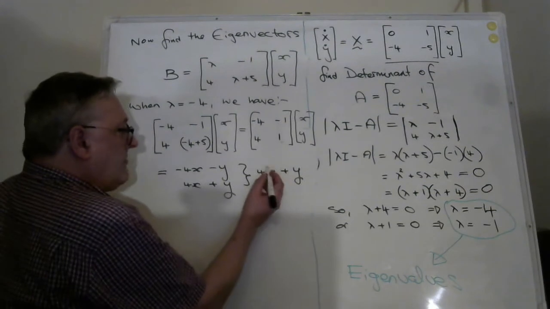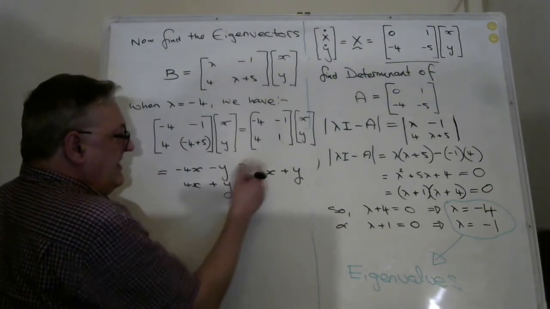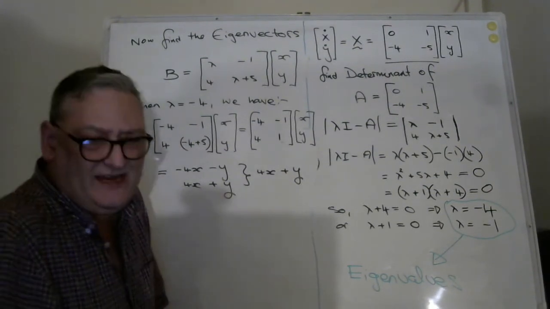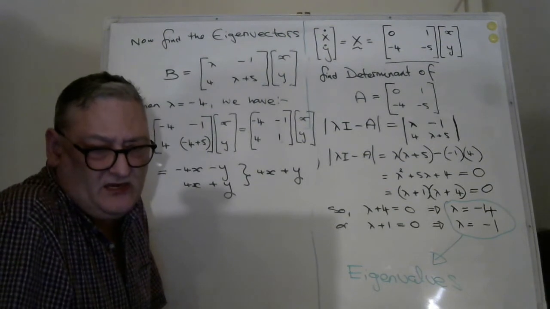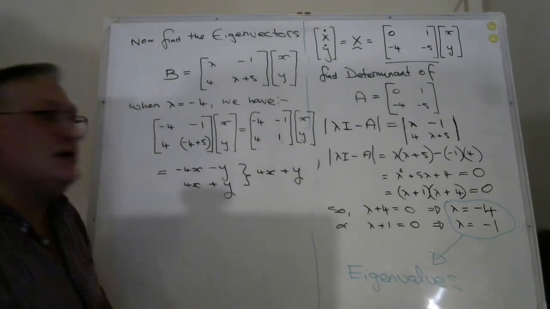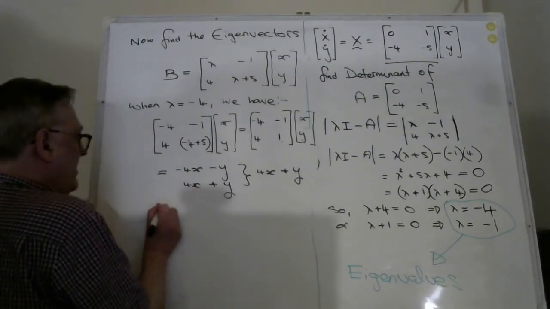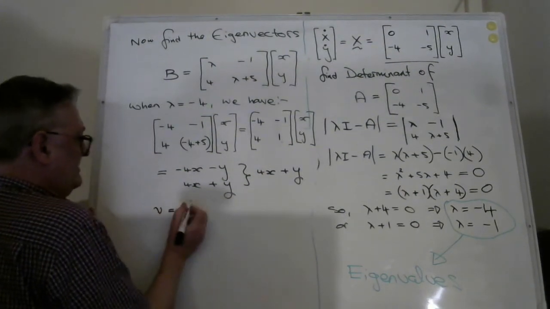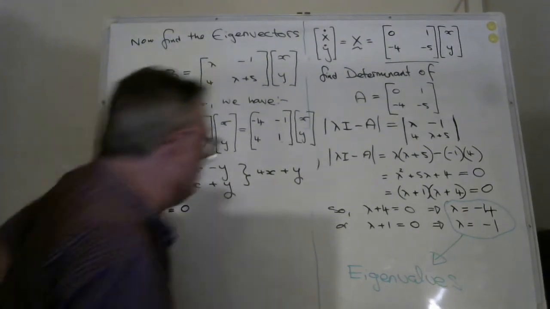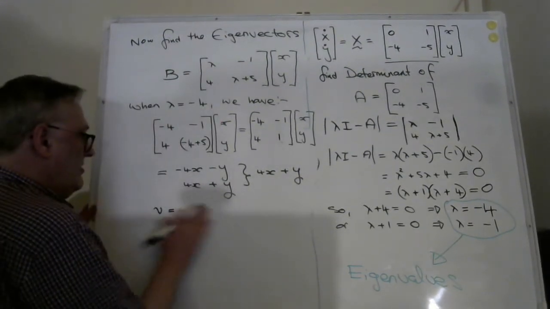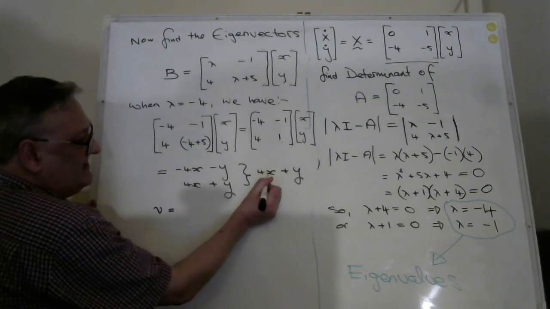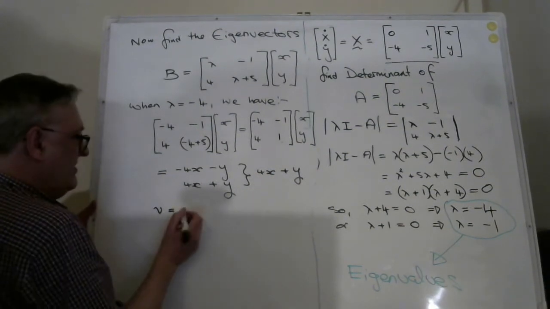Now, you usually, in fact, I think in nearly all cases, if not all cases, you come out with a single equation like this. And so an eigenvector has to be equal to 0 when you put certain parameter values in for x and y.